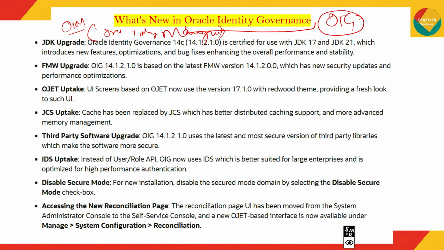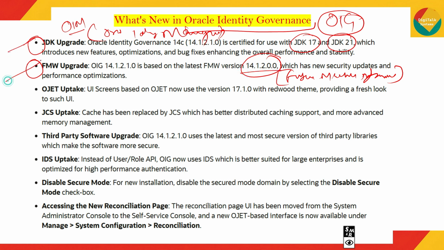Some of the changes are very common, so let me quickly explain them. The JDK upgrade is the same, JDK 17 and JDK 21. Then the FMW upgrade: the underlying WebLogic Server used for OIG is now 14.1.2.0, which is the Fusion Middleware Infrastructure, the base application server for the middleware stack.